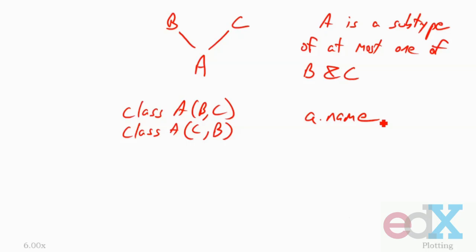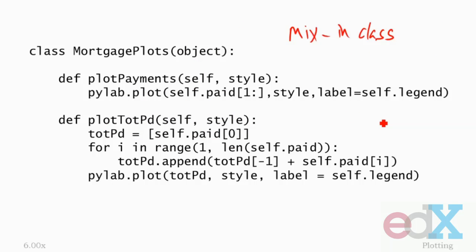Now let's go back and look at the code for mortgage plots. When a figure contains multiple plots, it is useful to produce a key that identifies what each plot is intended to represent. The methods in class mortgage plots use a form of pylab.plot that does that. So if we look at it over here, what we'll see is that in addition to telling it what to plot, we're giving it a style.